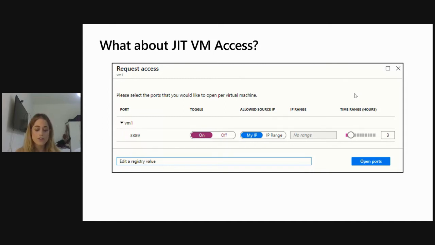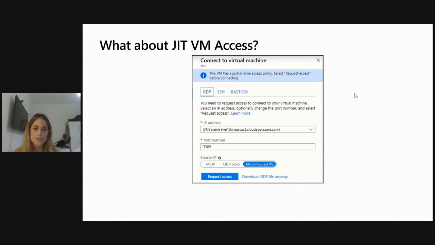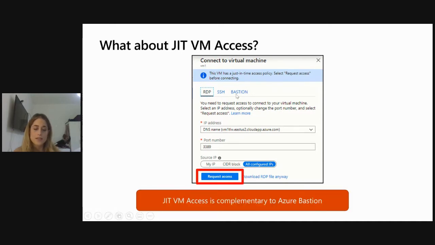So we can make sure you can log into certain VMs only within a certain scope and only for a limited time frame. This is the way it looks. You can either RDP, and this request access means we have just-in-time access enabled on this virtual machine, or use SSH or Bastion.